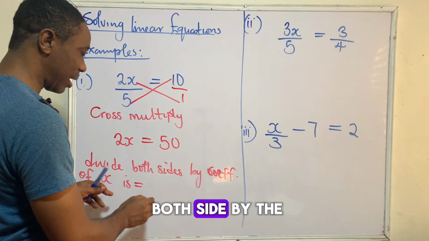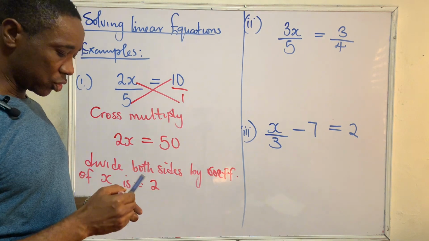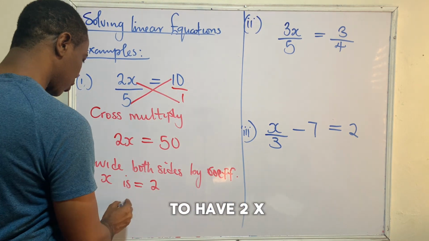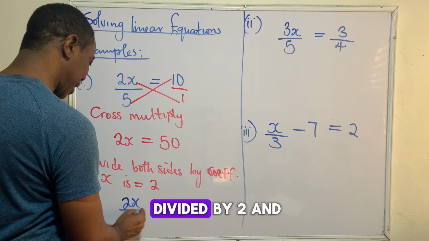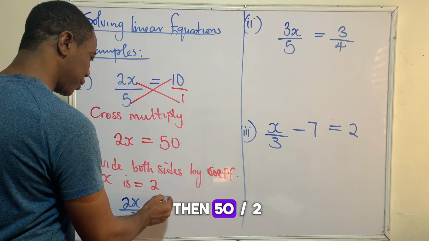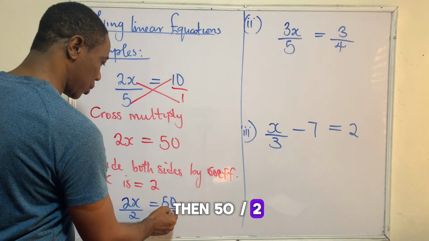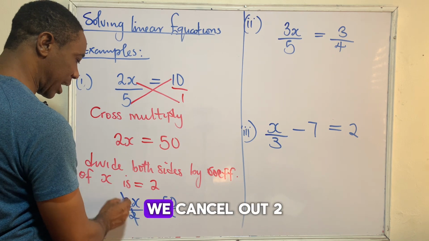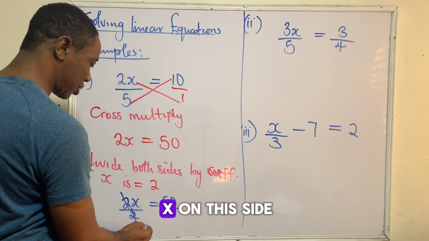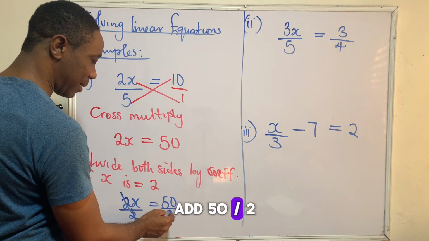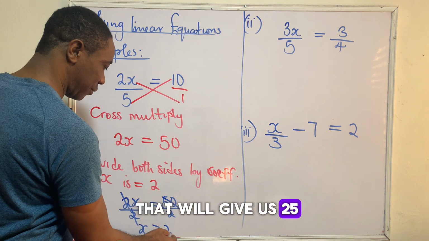So you divide both sides by the coefficient of x, which is 2. Therefore, we're going to have 2x divided by 2 and then 50 divided by 2. So 2x divided by 2, 2 will cancel out 2, and then you have x on this side, and 50 divided by 2 will give us 25.